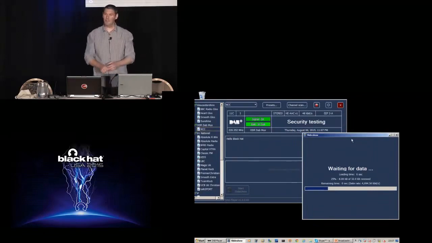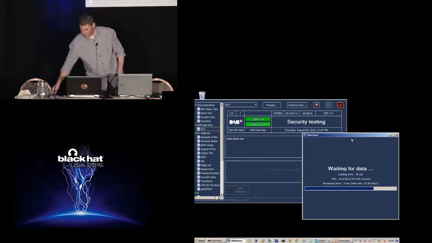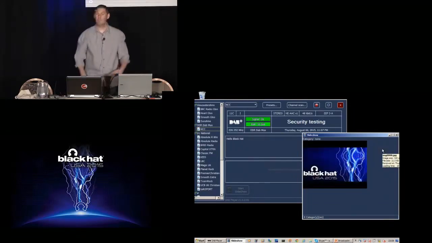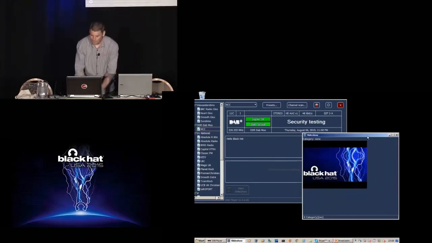This is using the slideshow protocol to send image data. Nearly there. Okay, so you can see there's a JPEG image that I sent via the DAB transmission over the air.